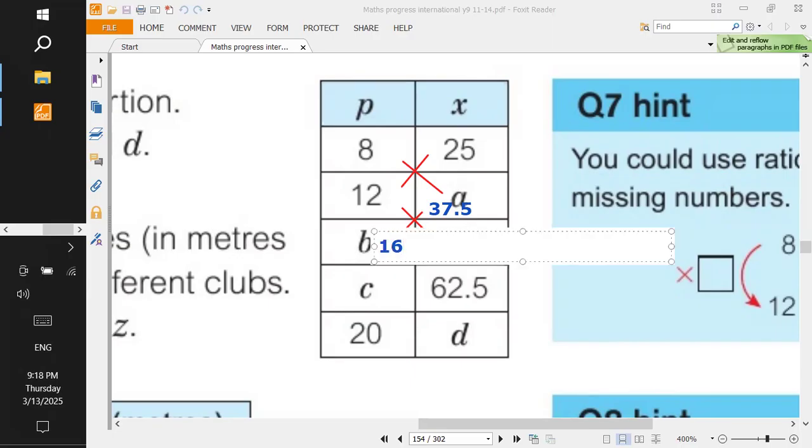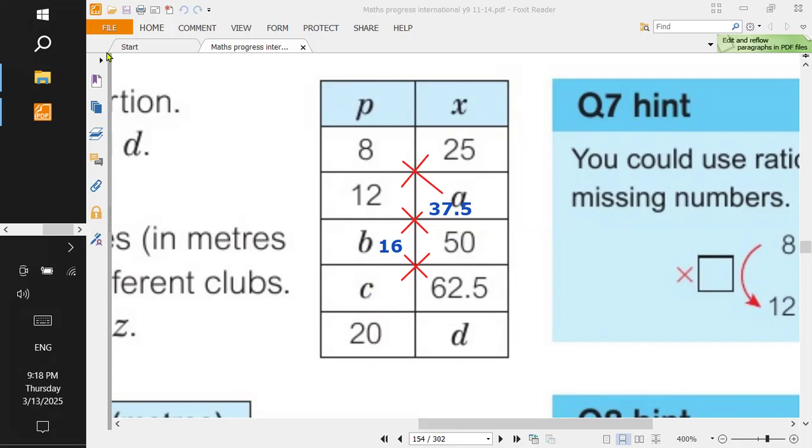Very good. Same idea. I'll go down and do the x method again. Multiply 16 by 62.5, and then divide it by 50. And the answer is 20.